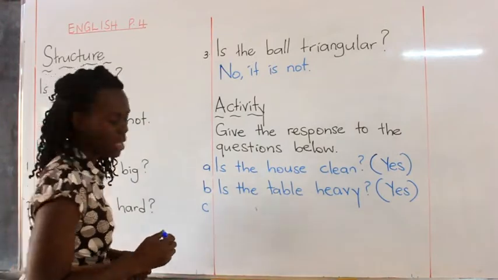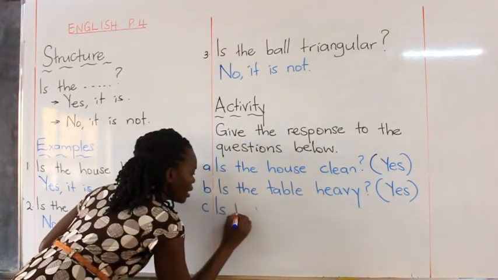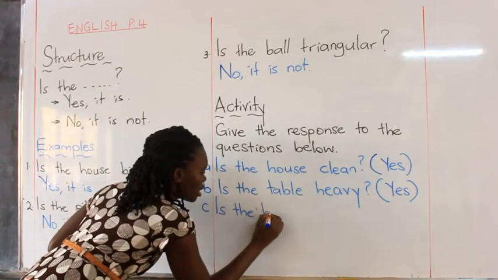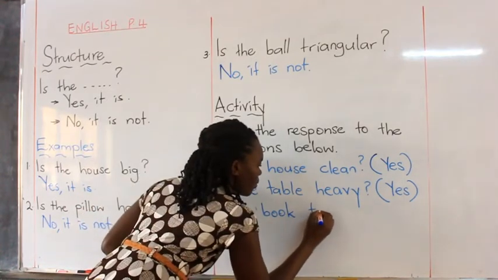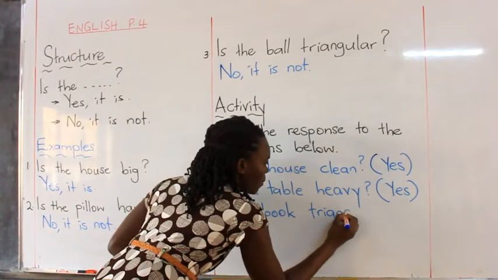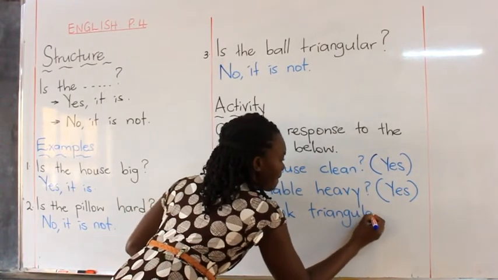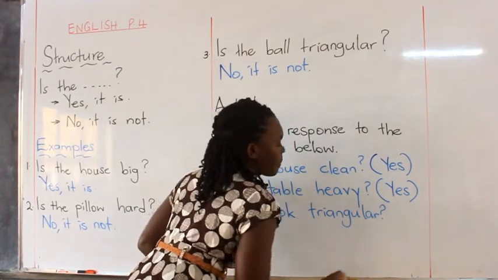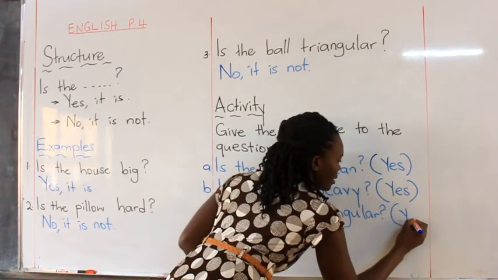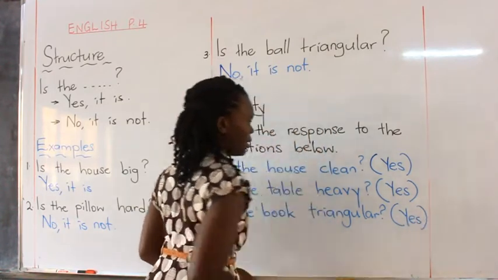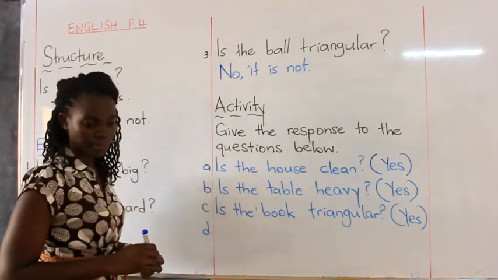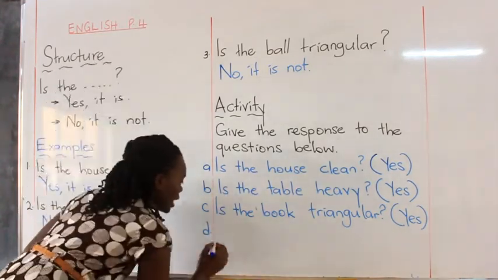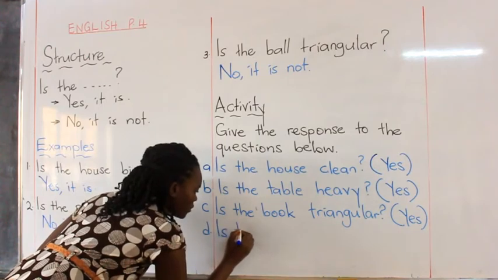I move to C. Is the book triangular? Guiding answer is just there. Then I go to D. Is the doll beautiful?